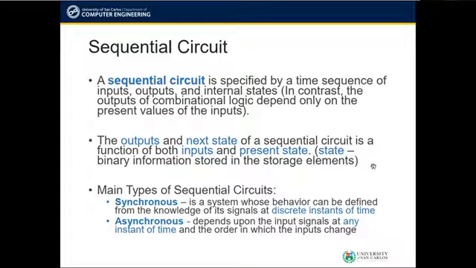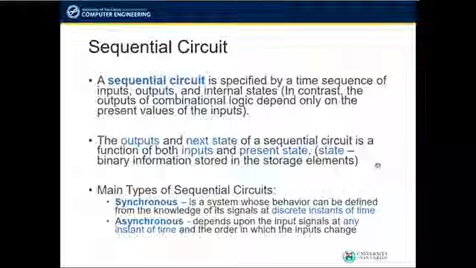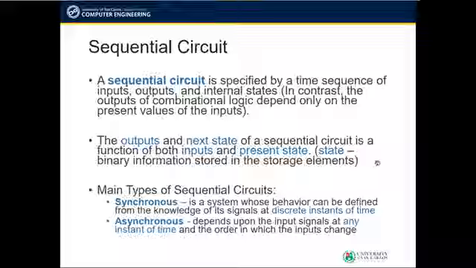The outputs and next state of a sequential circuit are a function of both inputs and present state. A state refers to the binary information stored in the storage elements. State may refer to the past value of a memory element, the present value it currently holds, or the next value it may hold. This will be explained more later.